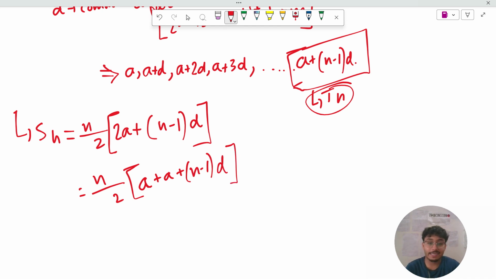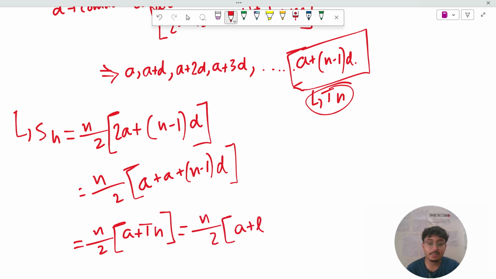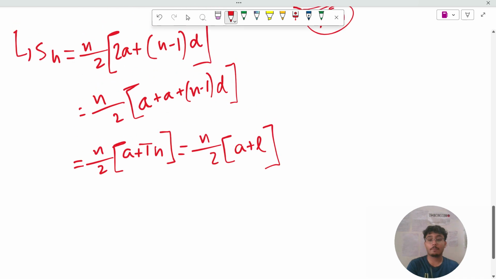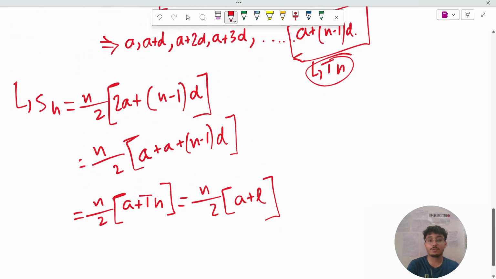Now this is my Tn, or my last term. So this can be written as n by 2 into (a plus Tn), where Tn is my last term. So this is n by 2 into (a plus L), where L denotes the last term. So ultimately we come up with two formulas. These are the basic formulas which you are going to remember.